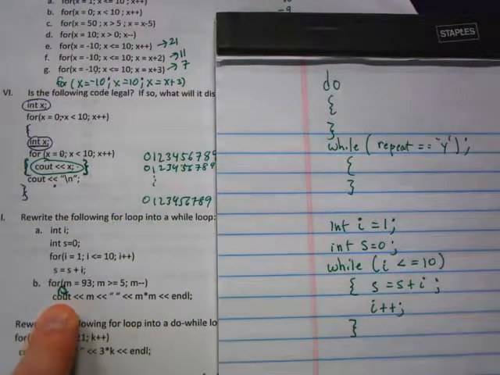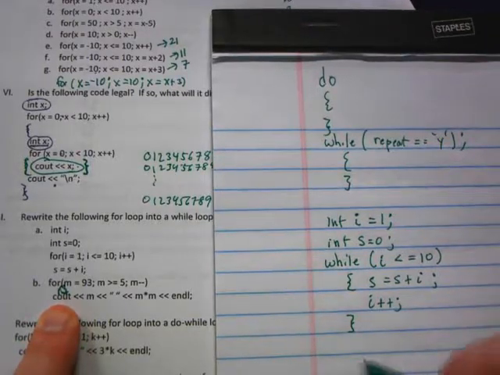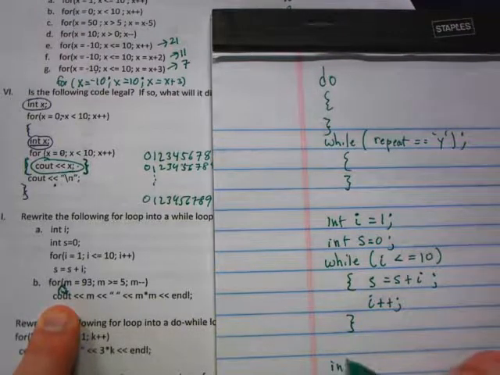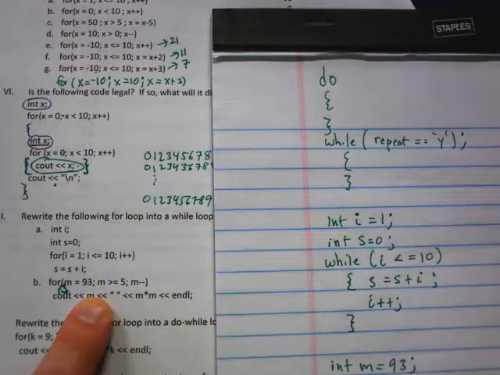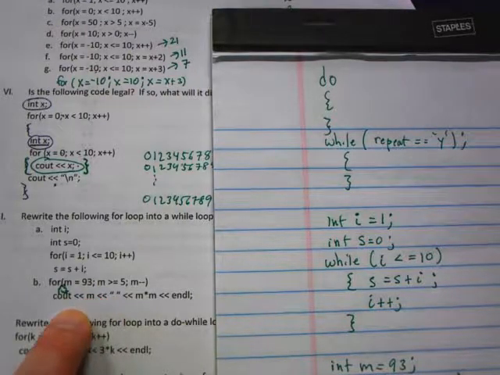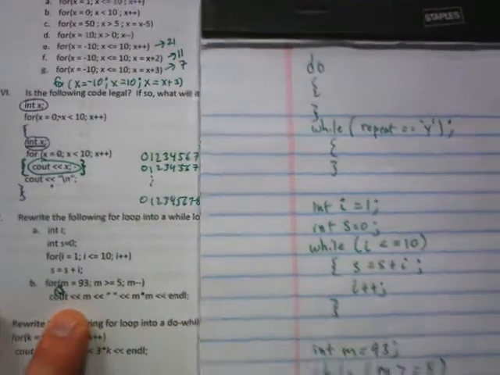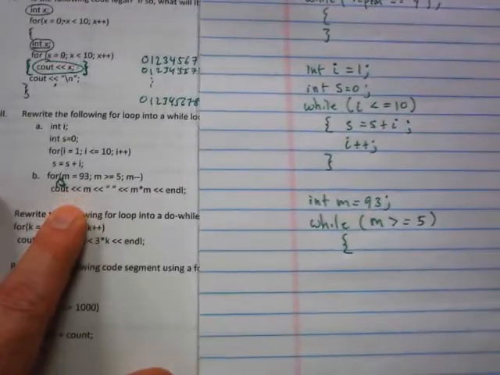All right, so again, to write this as a while loop, I would need to start by initializing my variable. Then I would need the while, m greater than or equal to 5, curly bracket. You can't see what I'm writing because I got too low. Thank you.